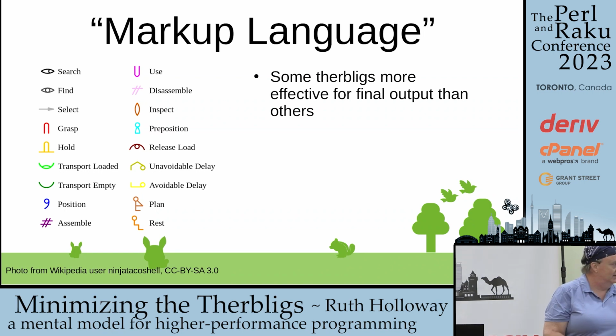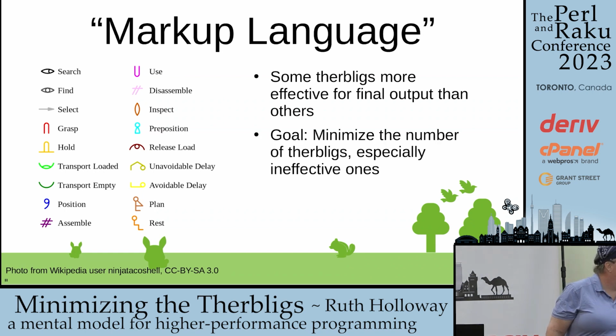And the idea was to thin down the number of the inefficient ones and thin down the total number as much as you could so that that worker could get the most work done in a shift, right? Minimize the number of Therbligs, especially the ineffective ones, the ones that don't produce the output you want.